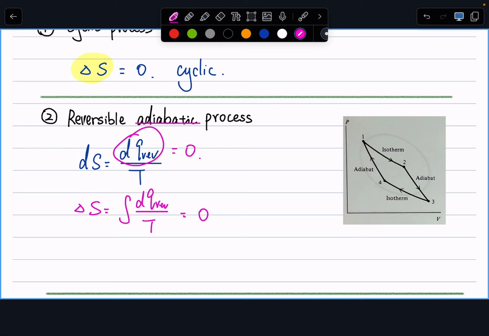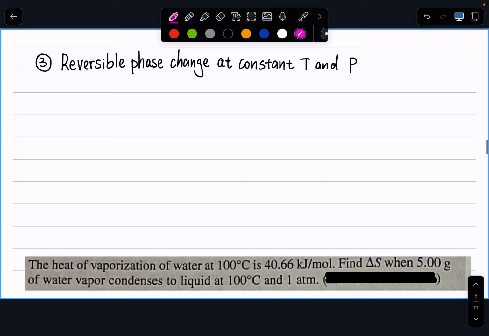All right. Next one. What about reversible phase change at constant temperature and pressure? So whenever you see phase change, basically it tells us we want to know the enthalpy for that phase change, or the delta H of the phase change. That's something we can find by looking at thermodynamic tables. So now in this question, how do we solve this problem?